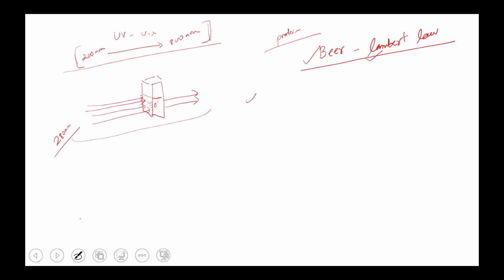Lambert's law states that when a monochromatic light passes through a transparent medium, the intensity of transmitted light decreases exponentially as the thickness of the absorbing material increases.